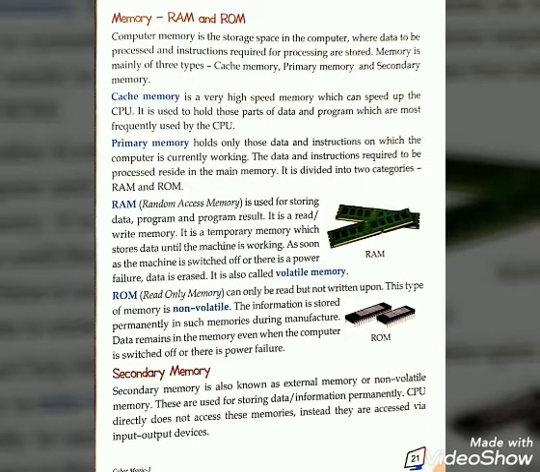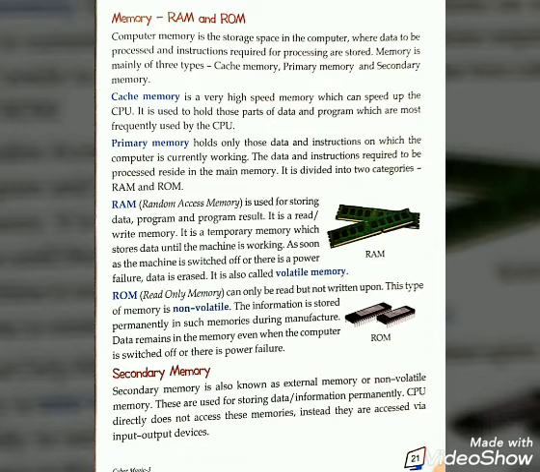Now ROM. ROM, read-only memory, can only be read but not written upon. So this type of memory is not volatile and the information is stored permanently in such memories during manufacture. You can see the difference between the RAM and ROM. Pictures are shown on page number 21.